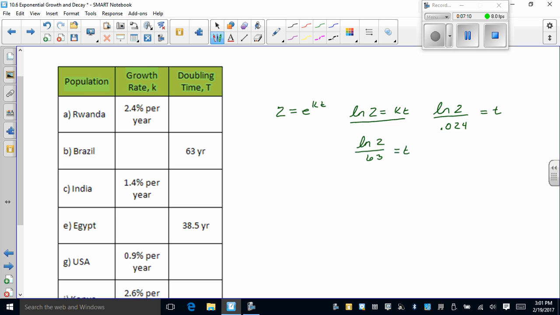So 0.014 equals t. This one here should be k. I was looking back going, something's not right there, because we're looking for k. Okay, so this one, natural log of 2, and we're looking for k again, so over 38.5 equals k.